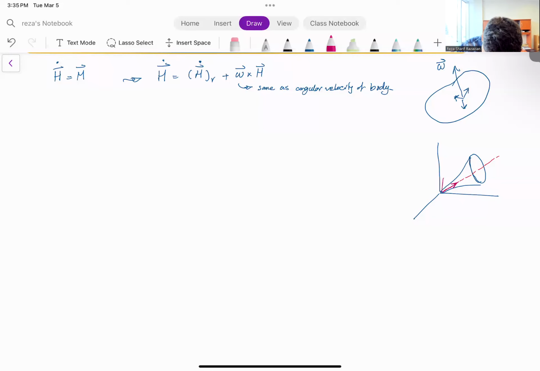This is one axis, this is another one, and this is the third one. These are principal axes for this body because of the symmetry. So this is my body with axial symmetry, just a disk.